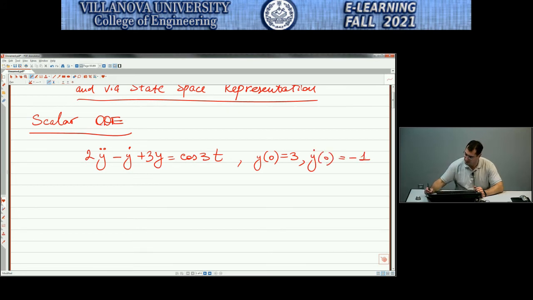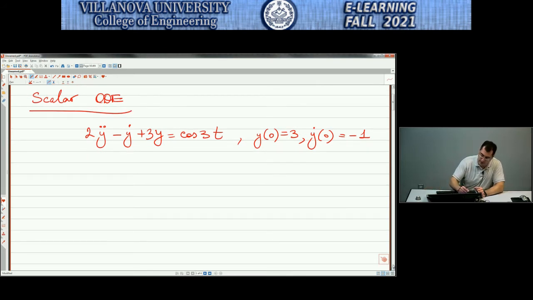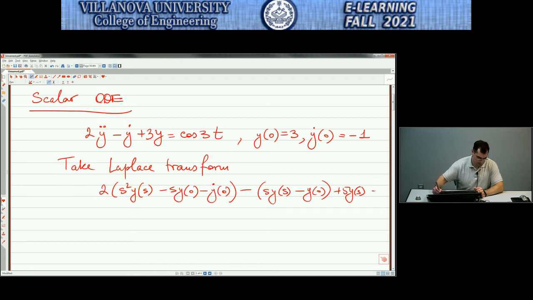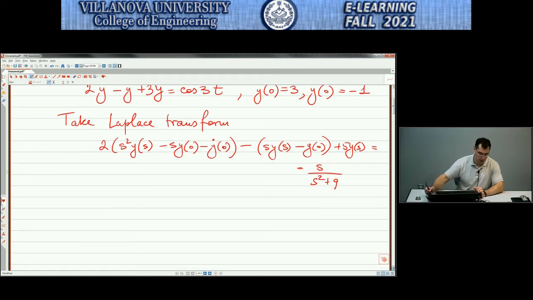manually. So you take the Laplace transform of the entire equation, and you will end up with, keeping in mind all the initial conditions, this.